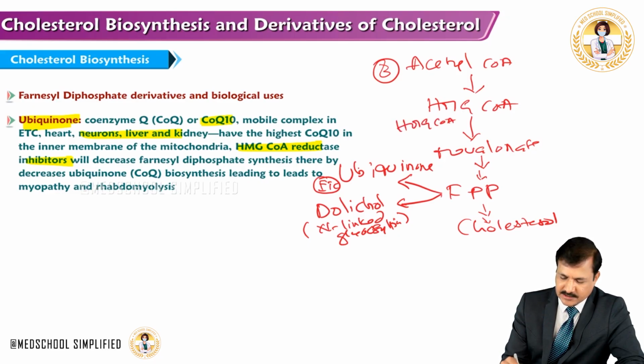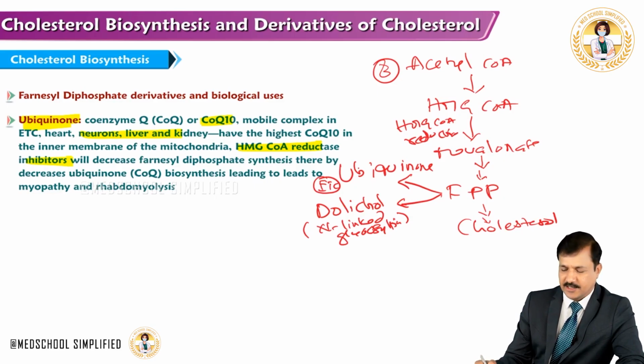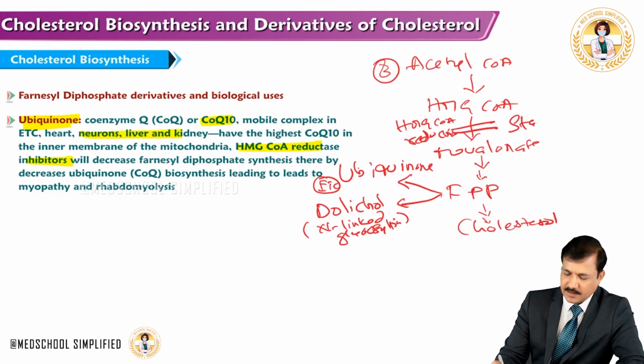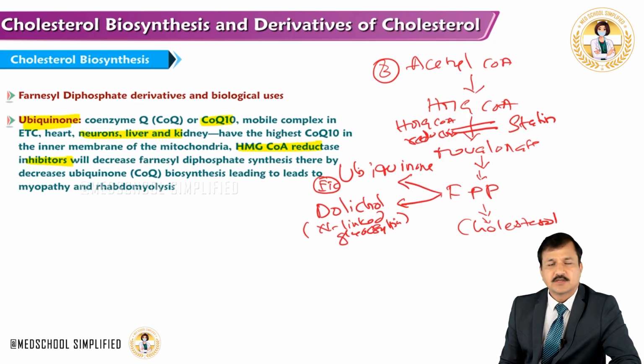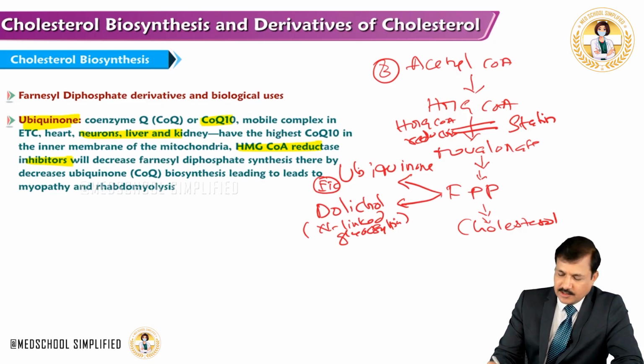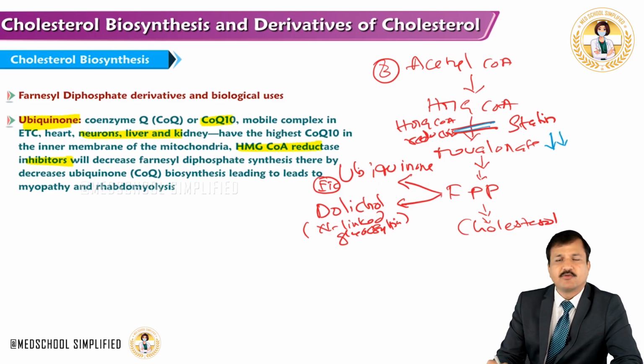The application is the HMG-CoA reductase inhibitor. HMG-CoA reductase is the enzyme which converts HMG-CoA into mevalonate, and HMG-CoA reductase inhibitors like statins are going to block the conversion of HMG-CoA to mevalonate. So in the presence of statins, there will be a decrease in mevalonate formation, because ultimately we want to decrease cholesterol by giving statins.